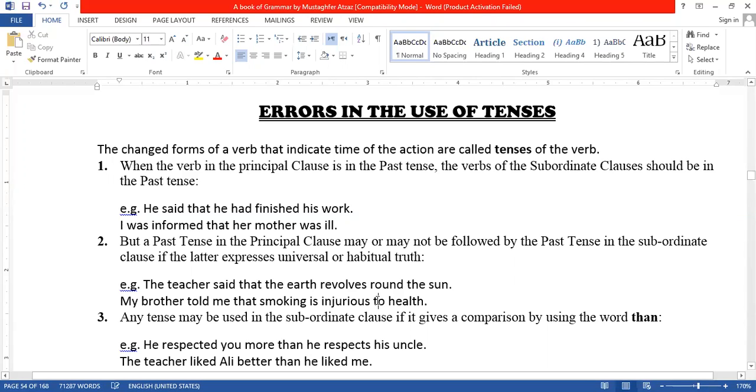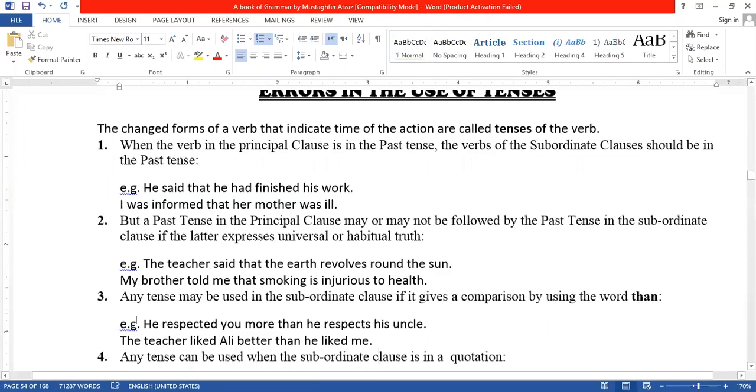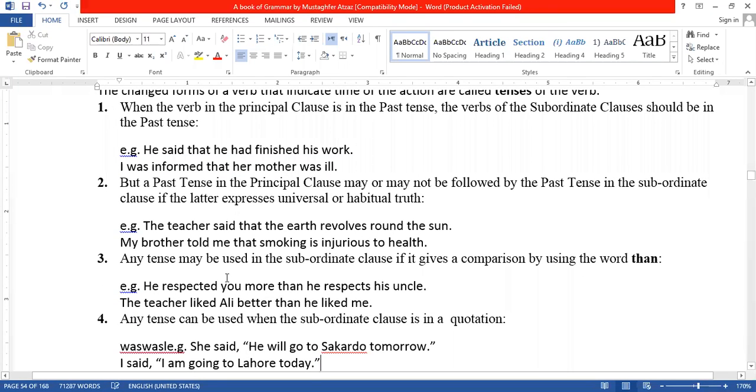This exception is worth studying because in the general rule we have already said that in both clauses the tense belongs to the same category. Let's see another exception in rule number 3. Look at this: any tense may be used in the subordinate clause if it gives a comparison by using the word "than". Reread the rule and try to understand.